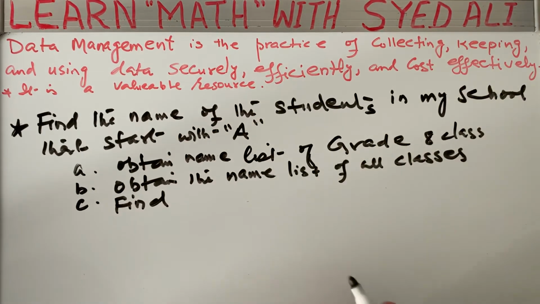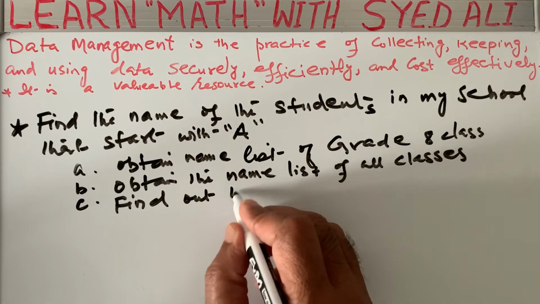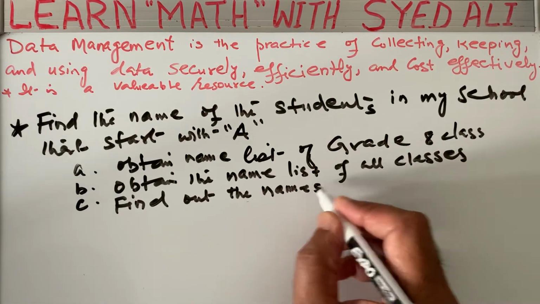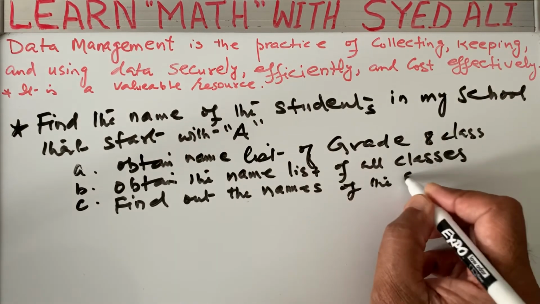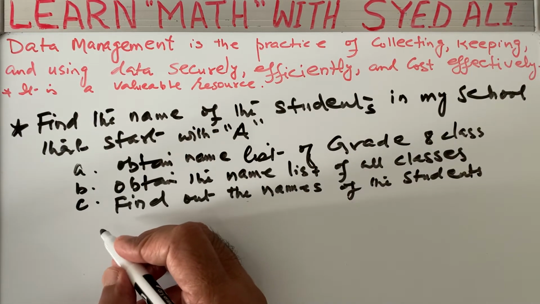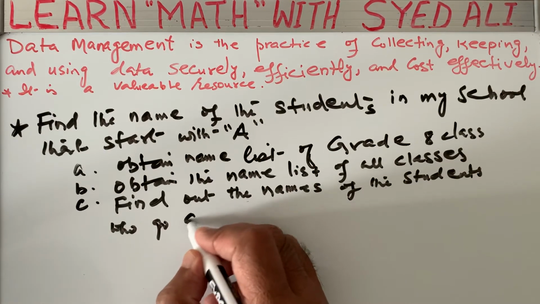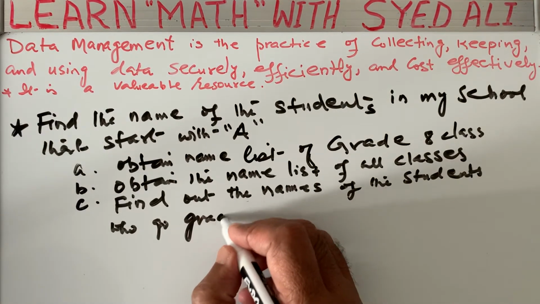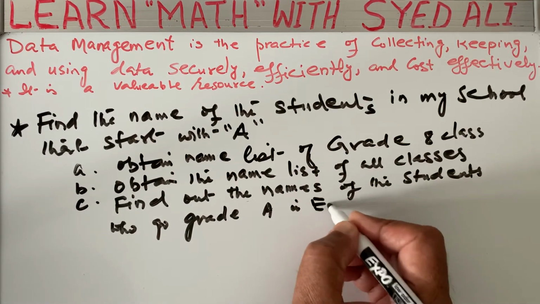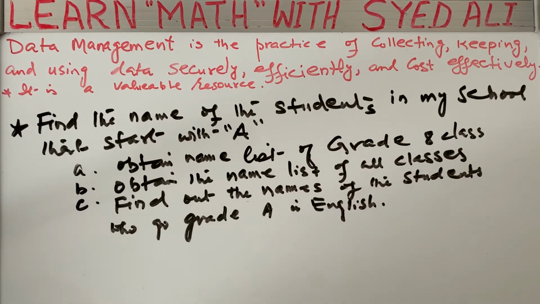There are so many possibilities. We are writing A, B, C. Find out the names of the students who got grade A in English.